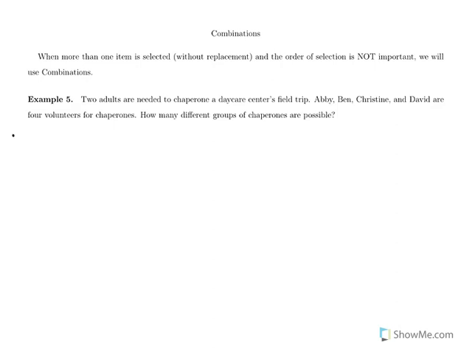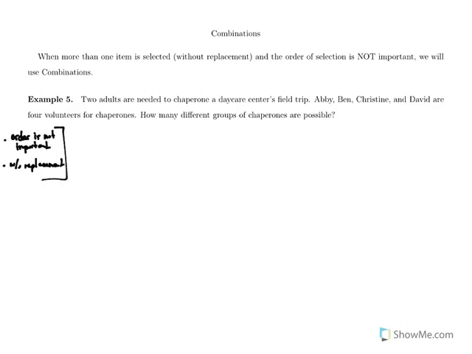So note here that order is not important. And we do not have replacement because you cannot have a 2-person group like Abby and Abby. 1 person cannot be 2 people in a group. So this tells us we're going to have a combination problem.